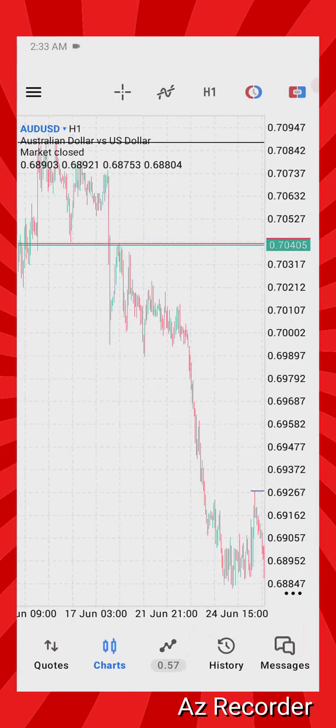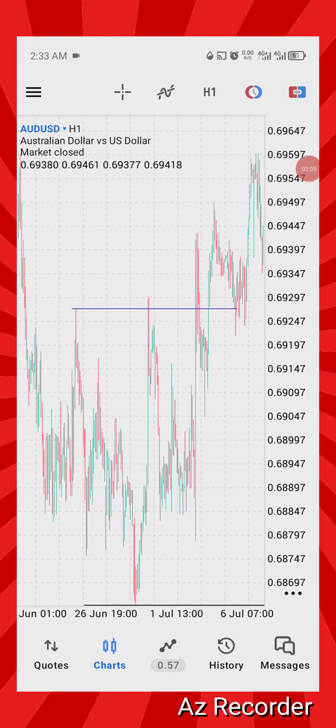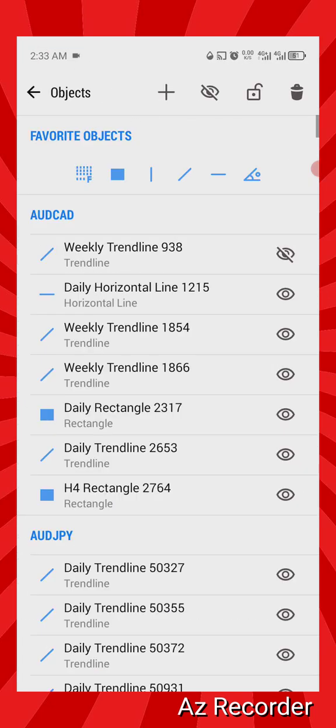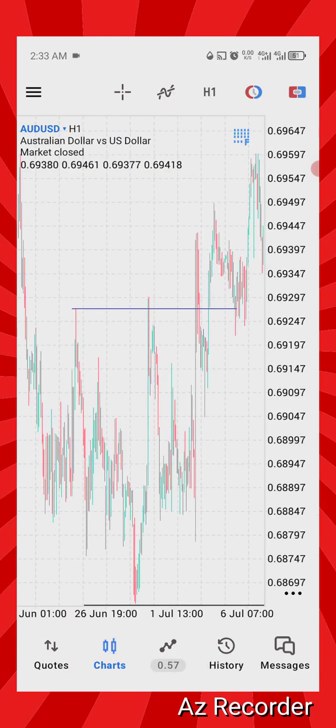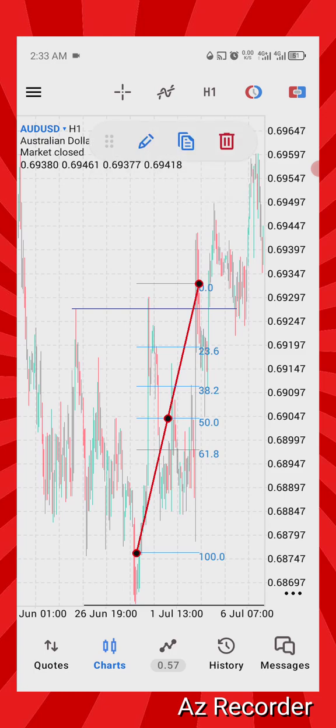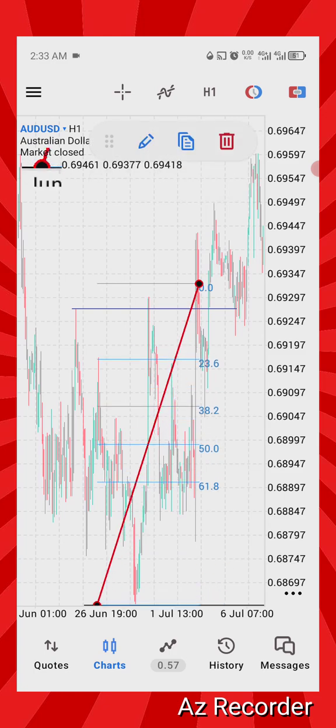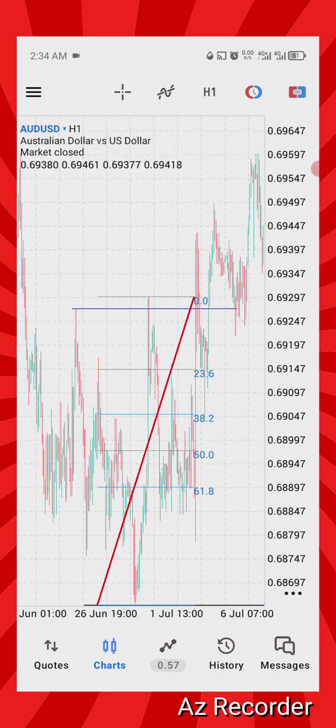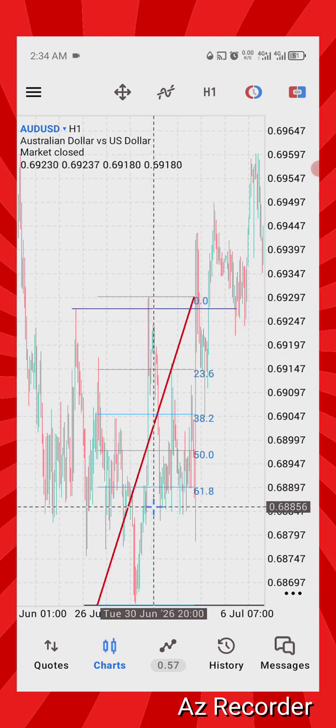I use Fibonacci retracements to identify my discount zone.